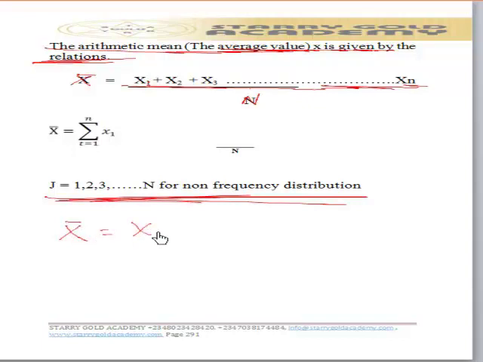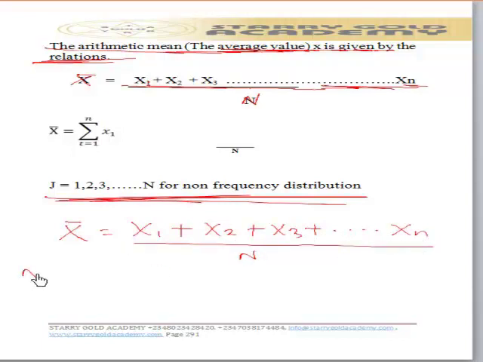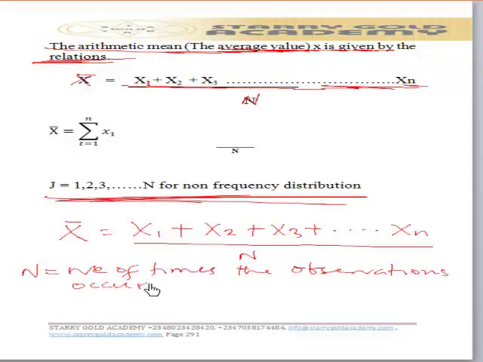Like I told us here, n is equal to the number of times the observations occur.